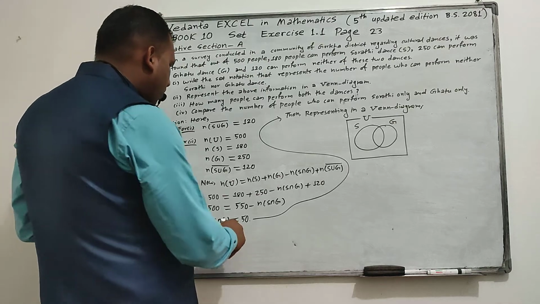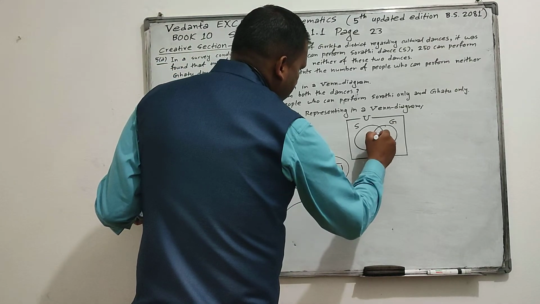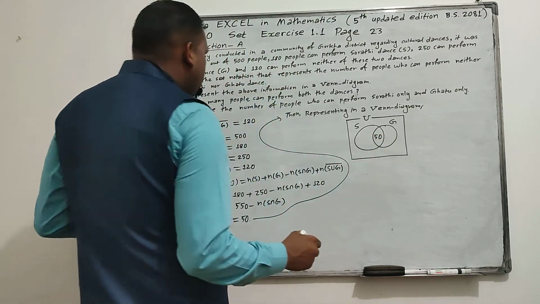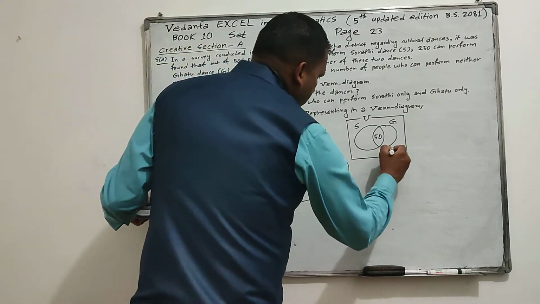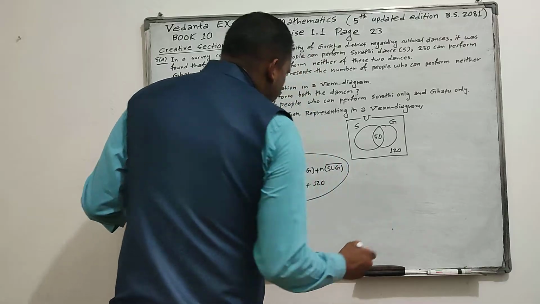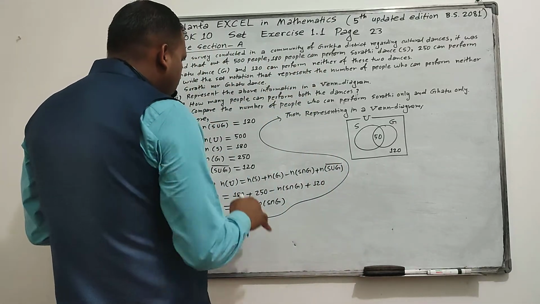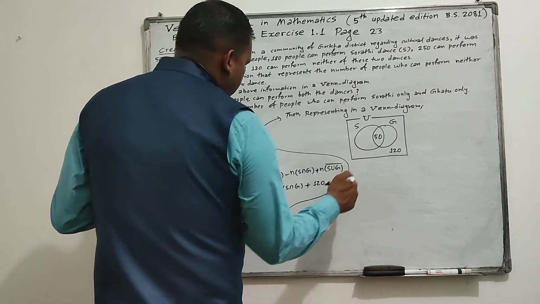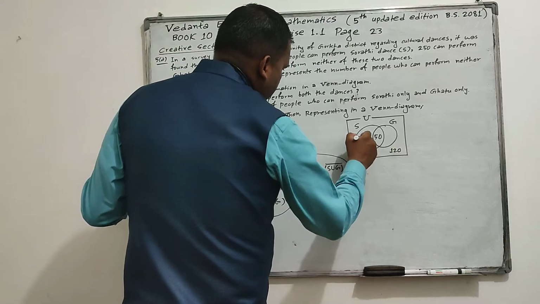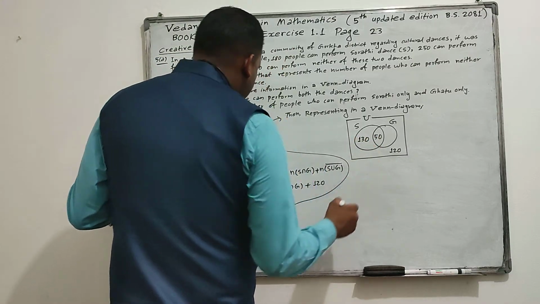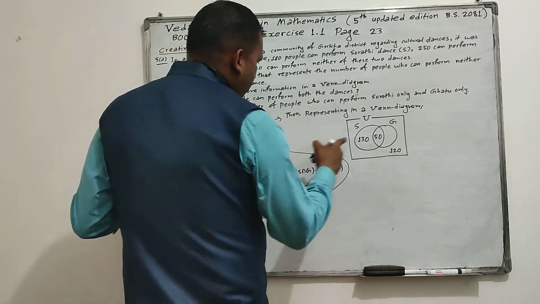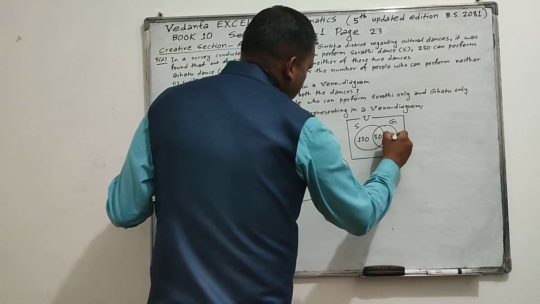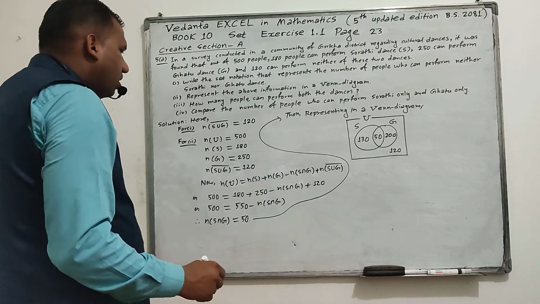Now who dance both? 50. So here 50. Who dance none? That is the complete outside part, 120. Who dance only Surati? That is number of S, 180 minus 50, 130. Who dance only Gatu dance? 250 minus 50, that is 200. This is the Venn diagram.